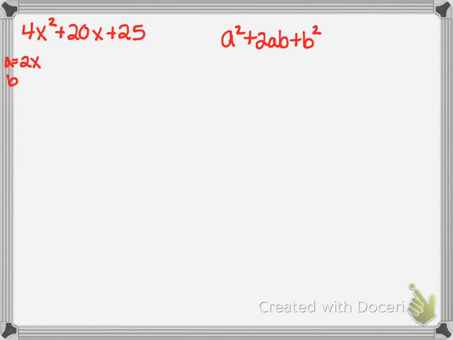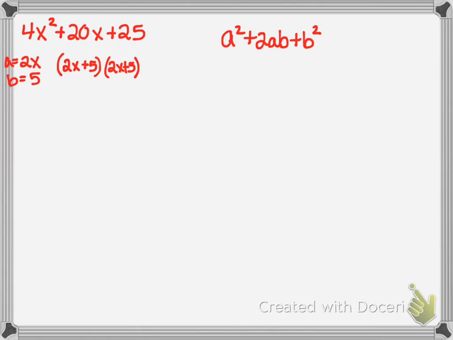Then for b, if I take the square root of 25, I get 5. Well, 2 times 5 is 10. Multiply it by 2, I get 20. So this works. This is a perfect square trinomial. So my final answer is going to be 2x plus 5 and 2x plus 5.